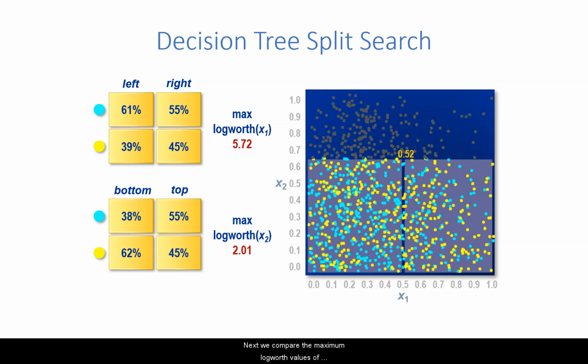Next, we compare the maximum log worth values of x1 and x2, and find that the split on x1 has a higher log worth value than the split on x2. Therefore, the next split on the classification tree will be made on x1 equal to 0.52.